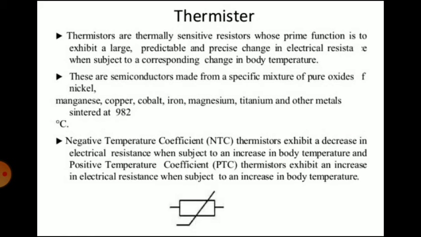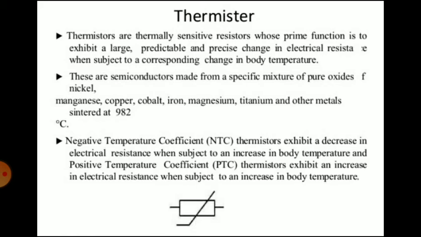Negative temperature coefficient thermistors exhibit a decrease in electrical resistance when subject to an increase in body temperature, and positive temperature coefficient thermistors exhibit an increase in electrical resistance when subject to an increase in body temperature. So there are two types of thermistors.